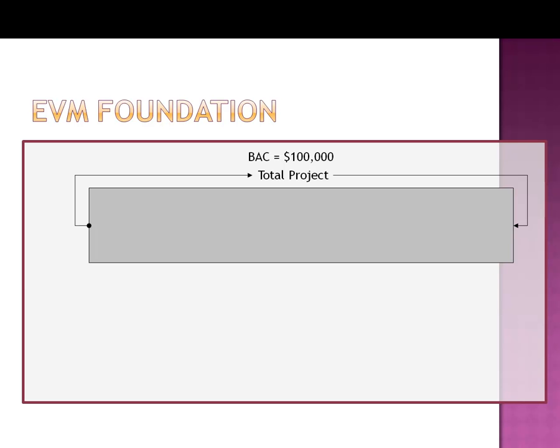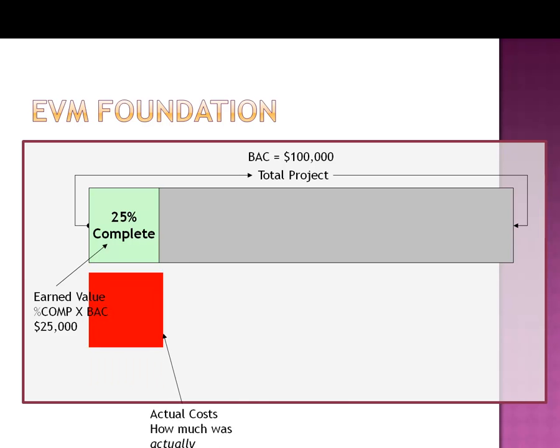First, the EVM Foundation. Let's say that one of the projects in your program has a budget at completion of $100,000. If that project is 25% complete, we would say it has an earned value, the percent complete times the budget at completion, of $25,000.